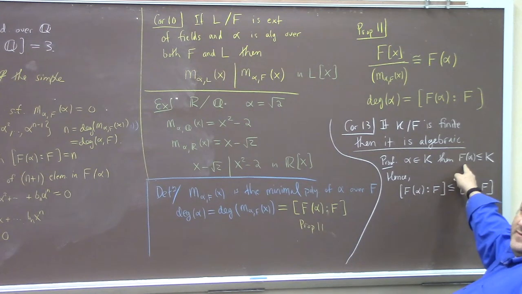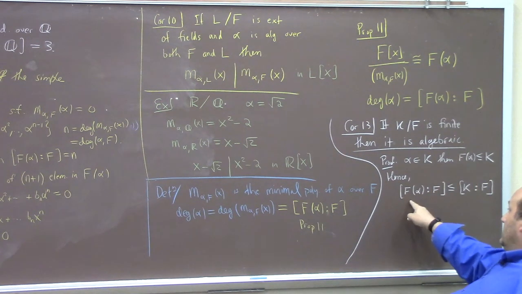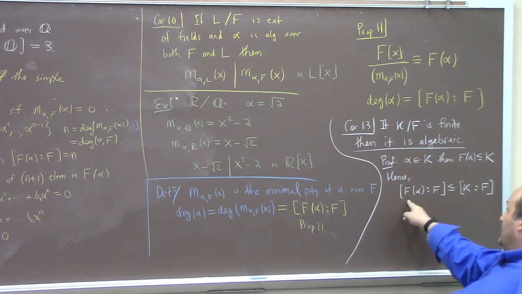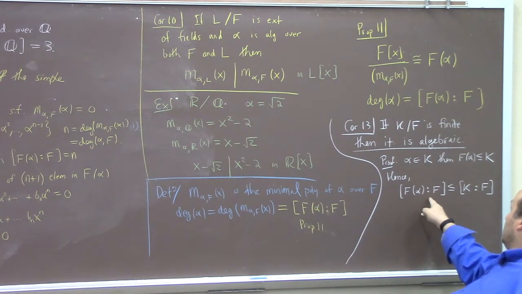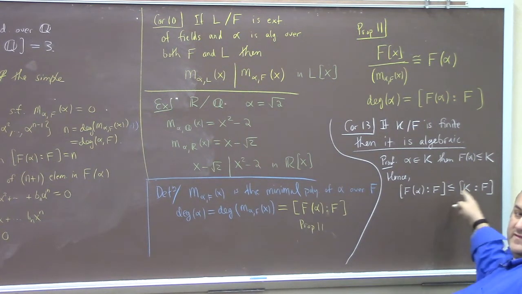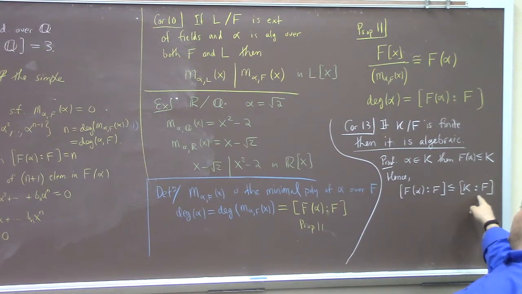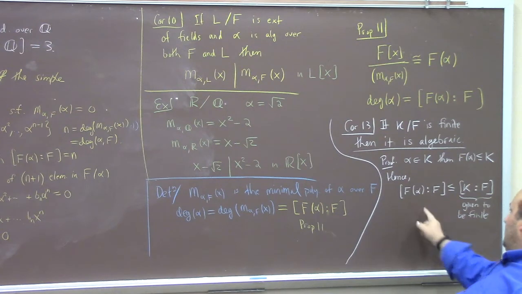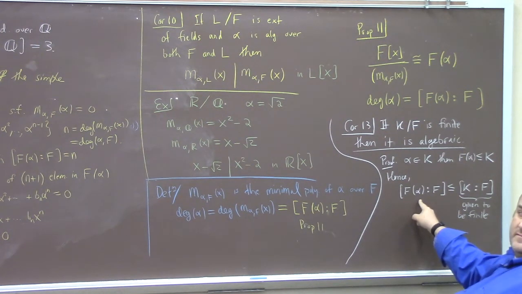Well, that is a subspace of K. Since the dimension of that subspace cannot be more than the dimension of the space overall, and K is given to be finite, it follows that that's also finite.